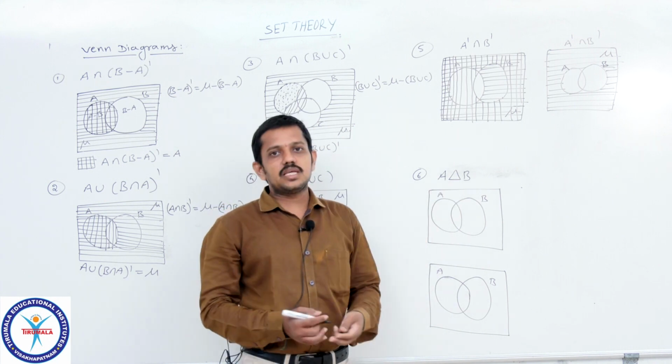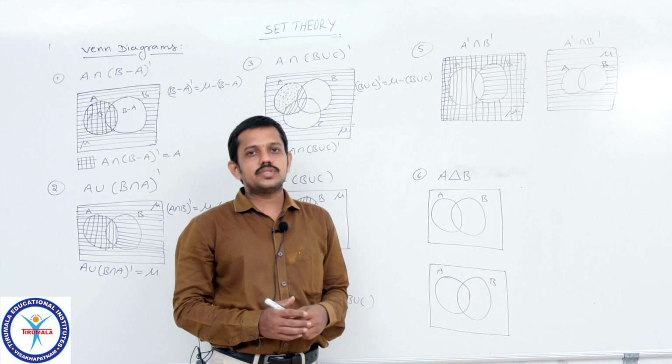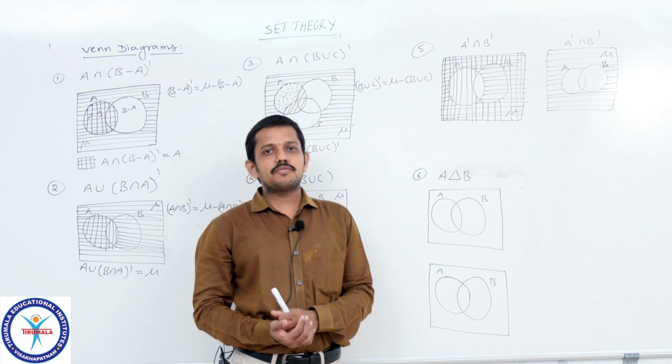A delta B is nothing but the symmetric difference of two sets. What is the symmetric difference of two sets?